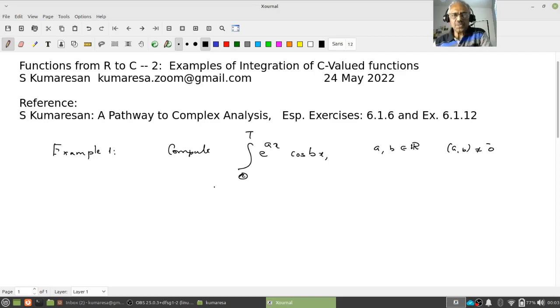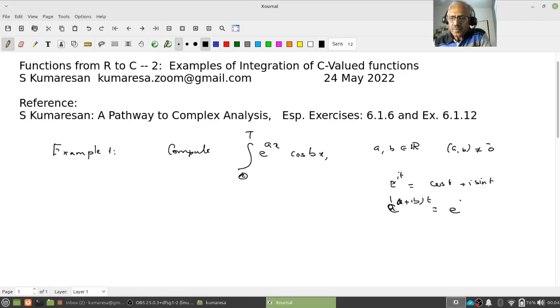So how do I do that? The trick is we want to convert it into finding the integral of a complex valued function. Now how will I get it? Remember e^(ax) cos(bx), and you should remember that e^(it) is cos t plus i sin t. Therefore, if I have e^((a+ib)t), what will it be?